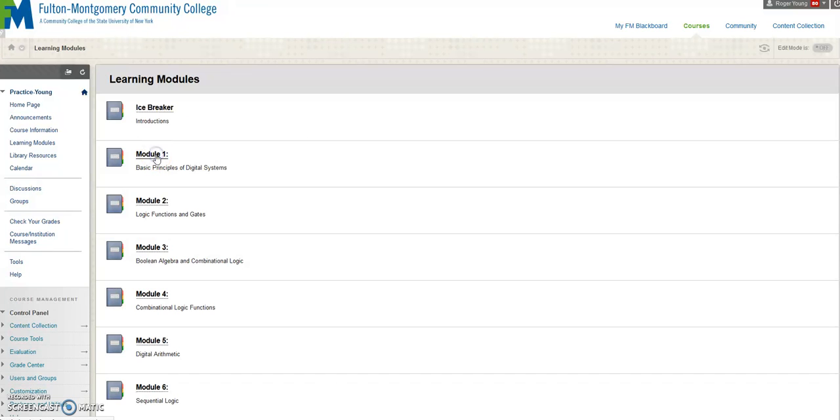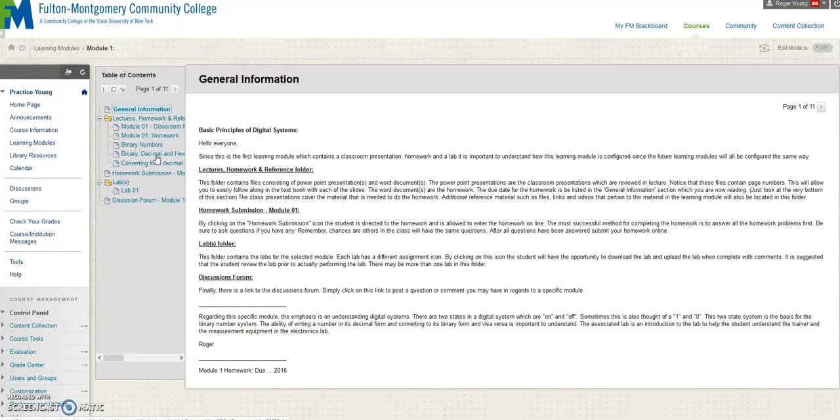If you look at module 1, this is where the first module starts regarding the class material. I talk about the basic principles of digital systems. That's what it's entitled. And since this is the very first module where they're actually going to have homework, I go into this discussion about the modules because they're all going to be put together the same way.